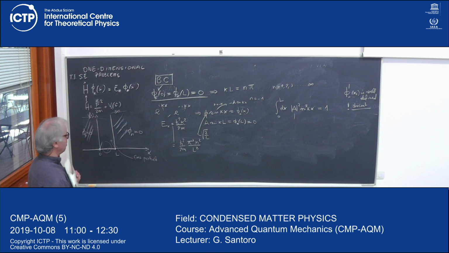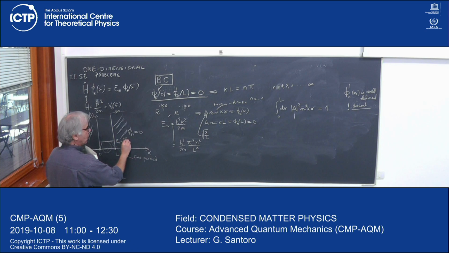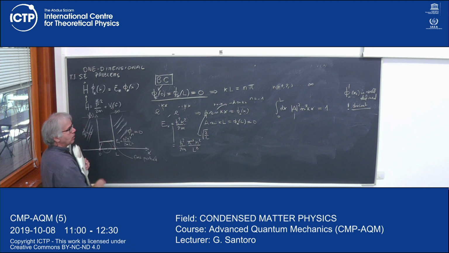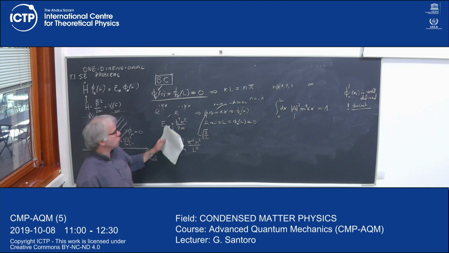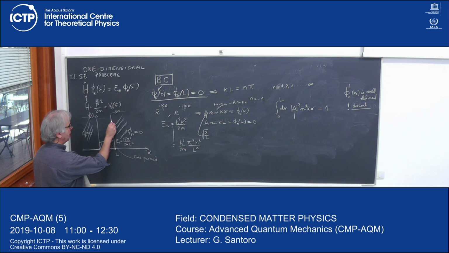Let's see the smallest one. The smallest one, E1, is equal to h bar squared pi squared divided by 2m L squared. Okay? Then what about the next one? E2 is 4 times as big. So if this is 1, 2, 3, and 4, E2 equals 4 times E1.